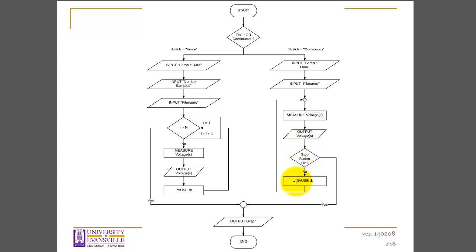If it did not, then you paused for the amount of wait time you specified at the beginning, and then you continued to loop back through. And the only thing that would stop that would be pressing the stop button. Once the stop button was pressed, it would take one more measurement and then exit out of the loop, output the final summary graph, and then end.